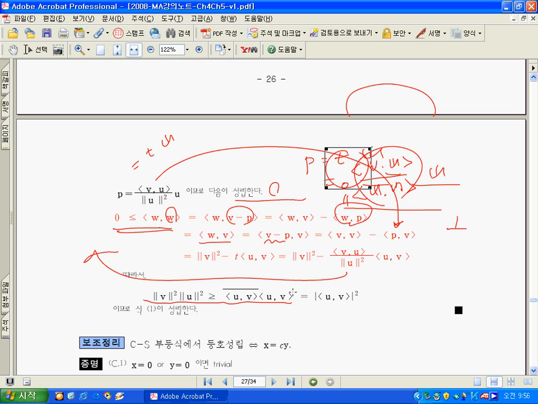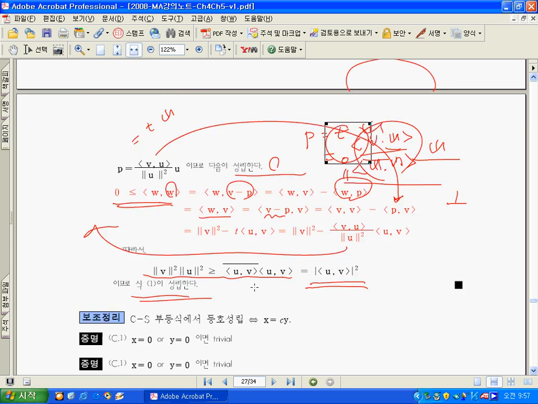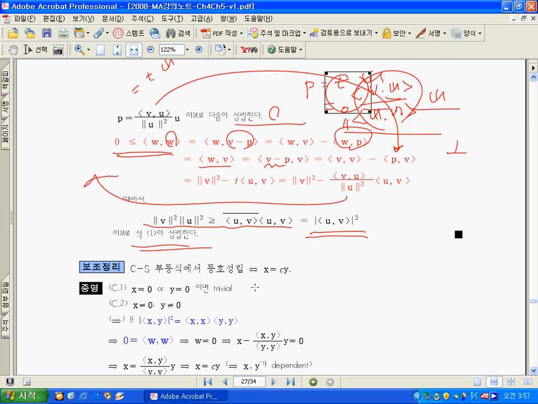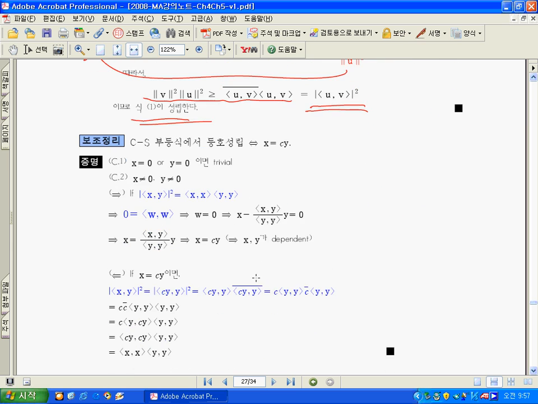Because of the property of inner product, this is the same as this. That gives us the Cauchy-Schwarz inequality. So this is what you have seen, and it is satisfied not only for real vectors, it also works for complex vectors, and also for arbitrary vectors in the inner product space.